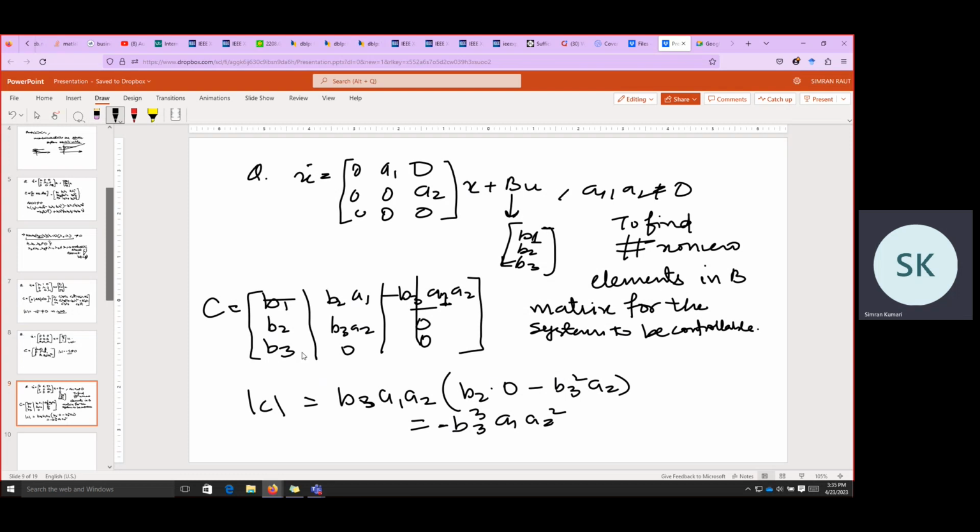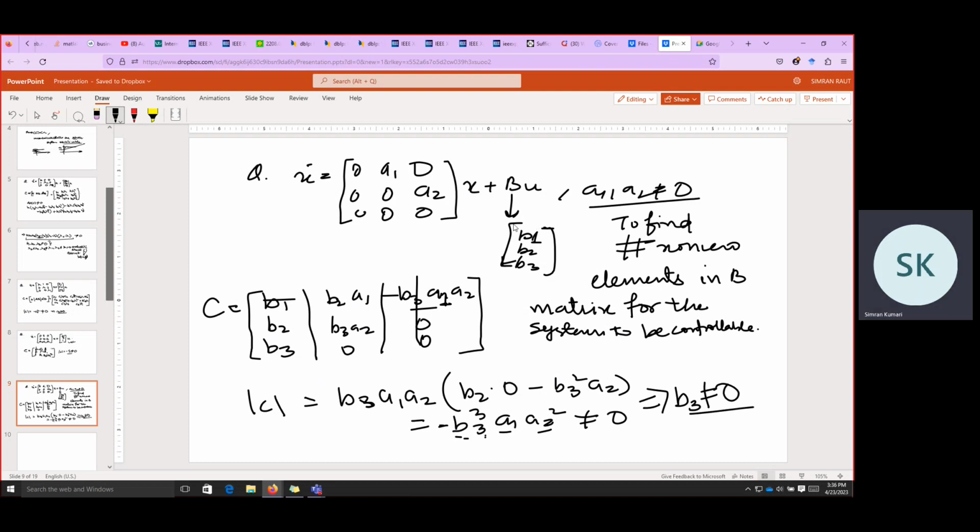Okay, so for this should not be equal to 0. So we know that A1 and A2 are not 0. It is given. So what does this mean? Just B3 should not be equal to 0. So the condition is B3 should not be equal to 0 for controllability.